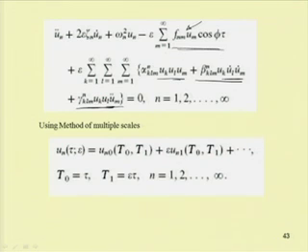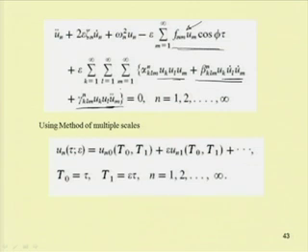So, this equation is similar to the Mathieu-Hill equation what you have seen before, and in addition to that we have this nonlinear term. So, in addition to the Mathieu-Hill equation we have an additional nonlinear term.